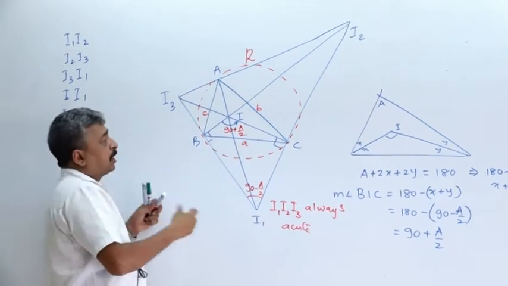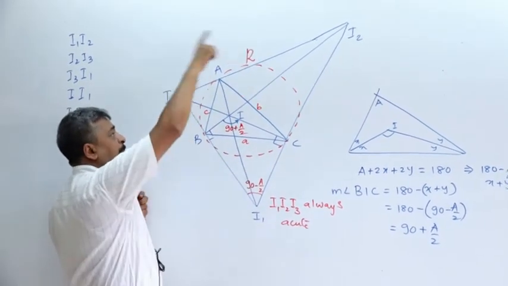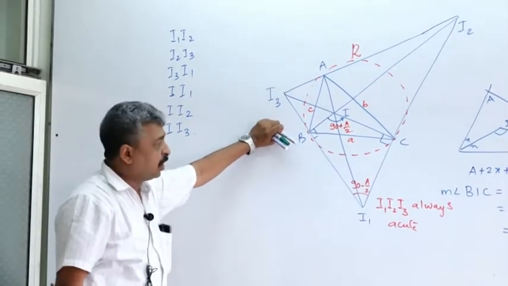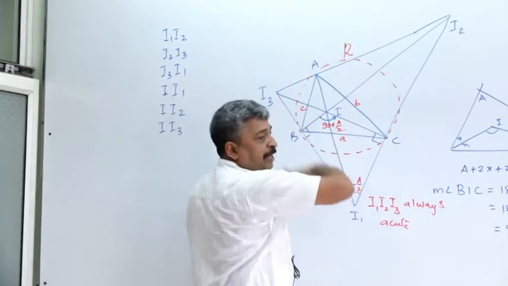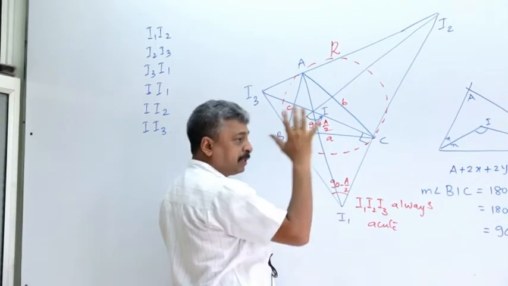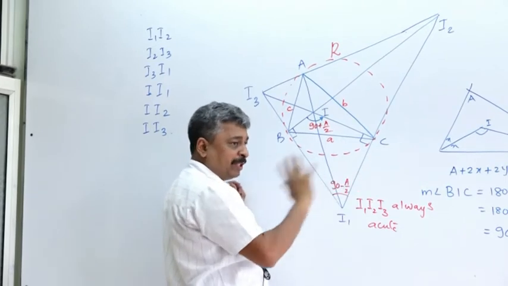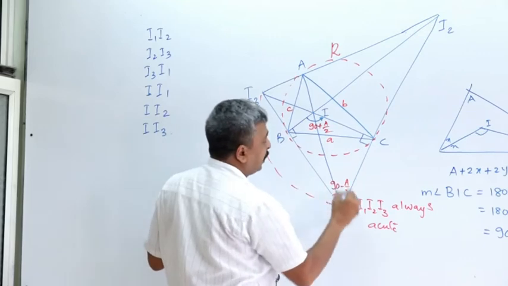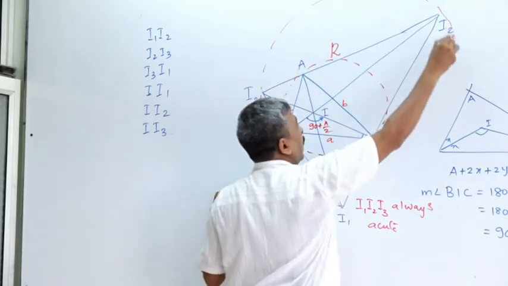So the circumradius of the circumcircle of I1, I2, I3 will be 2 times r, because this is the 9-point circle of I1, I2, I3. Correct? And the 9-point circle and circumcircle have ratio 1:2. Therefore, the circumradius of I1, I2, I3 will be 2 times r.